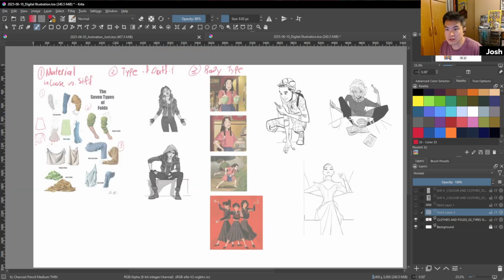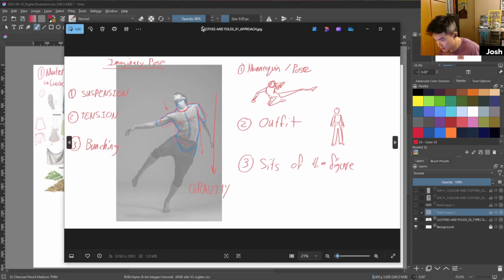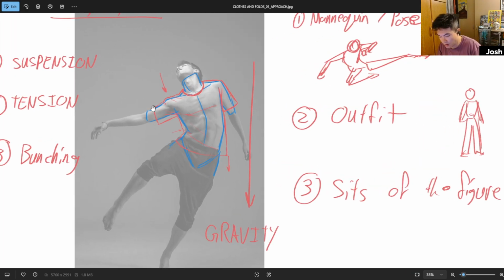There are a few more images that I'll upload as well, because I have a lot of notes on clothing. It's a reminder to look for tension and suspension. Suspension is how the clothing is being held up by the body, so how it's sitting on the body.